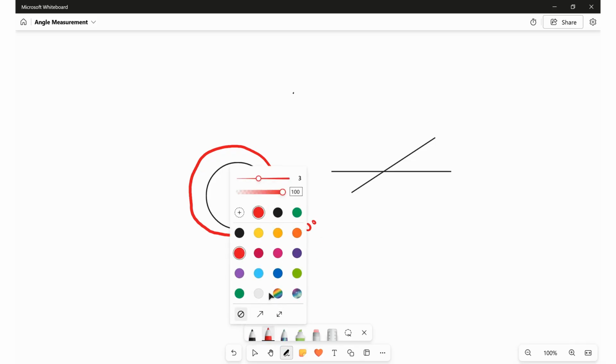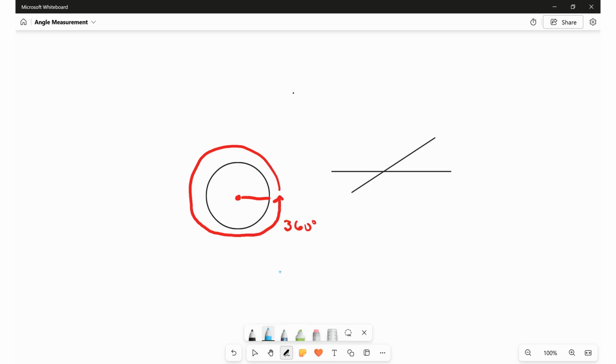So now what if we started here, but only went around to here? Well, if that whole circle is 360 degrees, this blue piece is half of that. Goes halfway across the circle, 180 degrees.